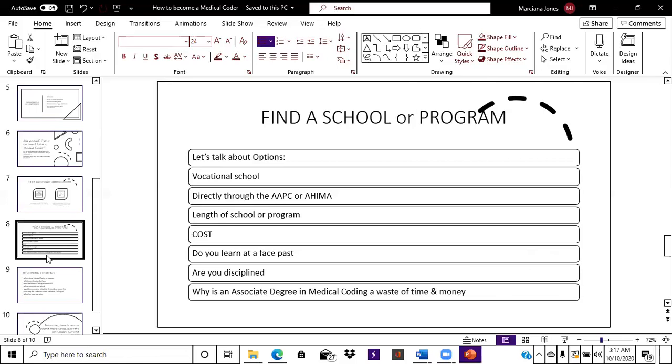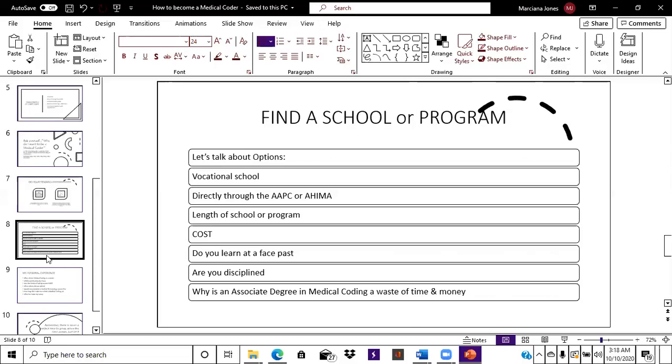That's the certification I am certified through. So I'll talk more about the organization that I'm most familiar with. Of course, I know about AHIMA, but I'm more familiar with AAPC because I've been dealing with them for a while now, and my certification is under them.